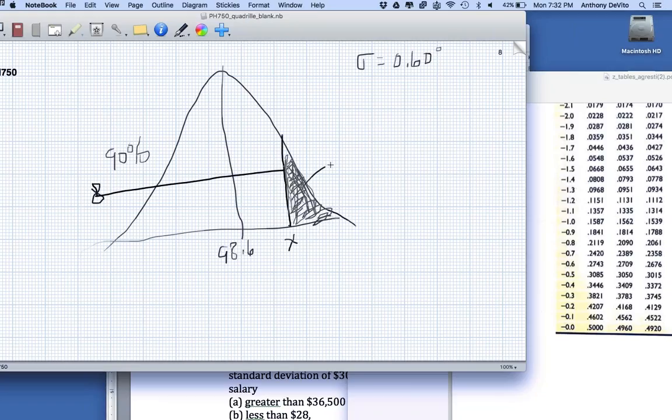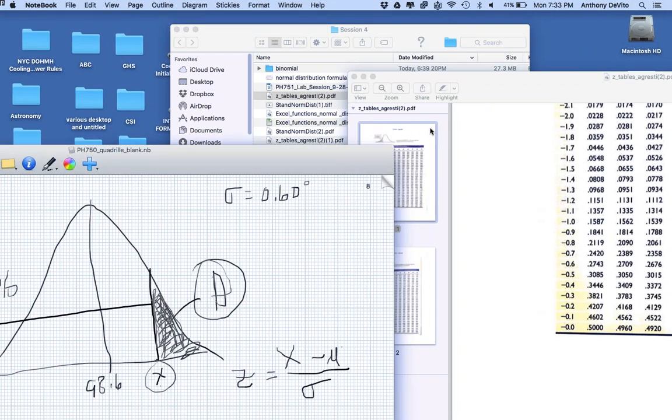So now I know the area, but I don't know what the value of X is, right? But remember that formula we had before? The z-score for X is going to be equal to X minus the mean over the standard deviation. I know the mean, I know the standard deviation, and I'm about to know Z. How do I know what Z is? I know Z because I can go to the table and use it in reverse.